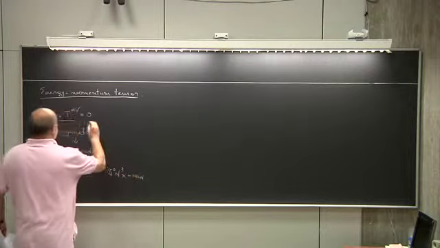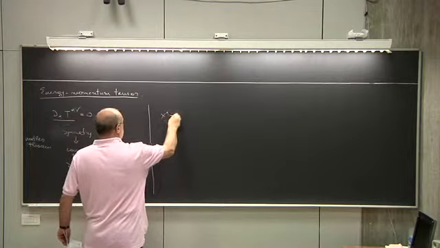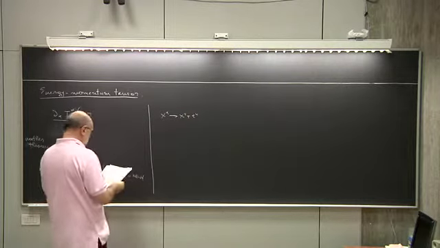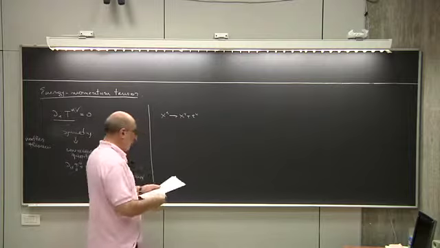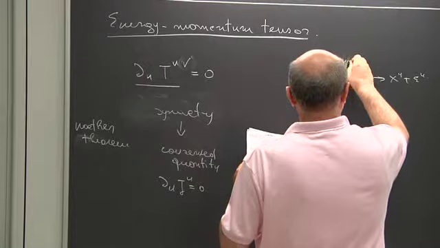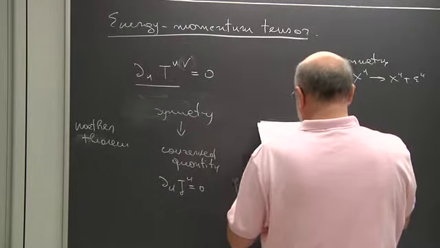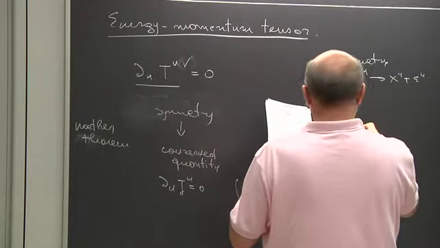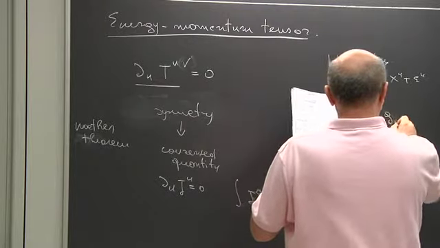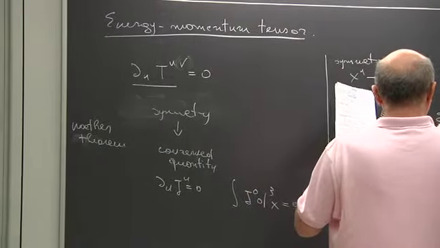Okay, and in this case, for the energy momentum tensor, which was the symmetry? The symmetry was space-time translation, where epsilon mu is an infinitesimal translation. So if this is the symmetry, then we find out that the energy momentum tensor, we write it with lower indices, has the following form: g mu nu, this is the Lagrangian density, plus the sum over all fields.